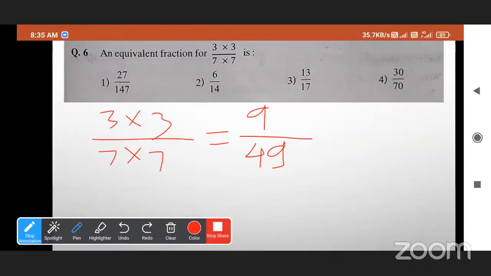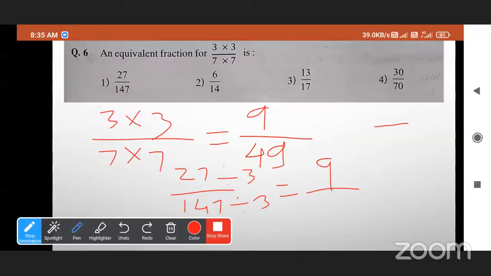Okay, we will try the first one. 27 upon 147. These are the multiples of 3. So we will divide it by 3. 3 nines are 27.